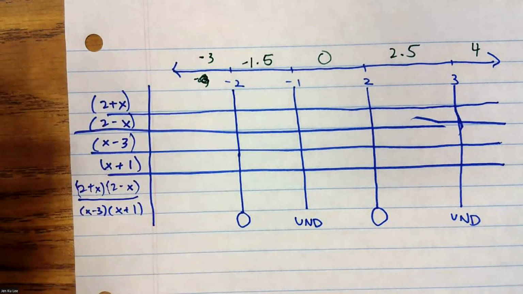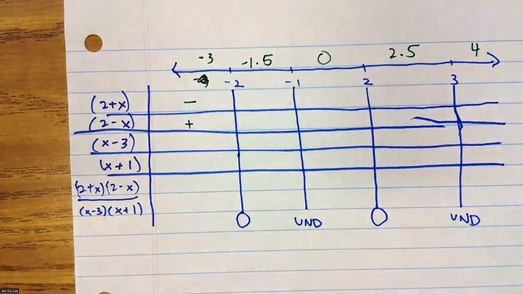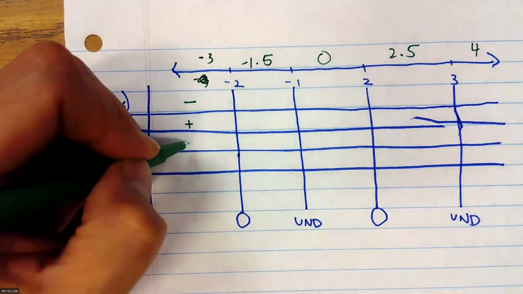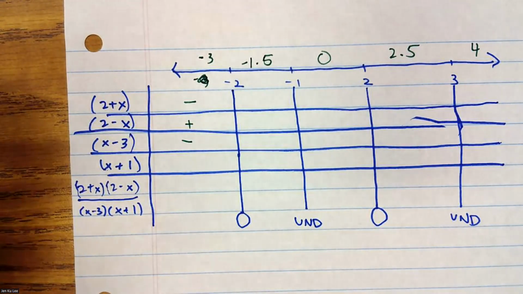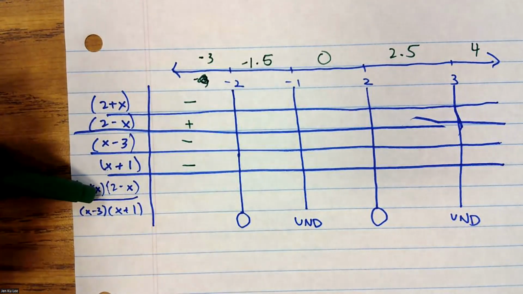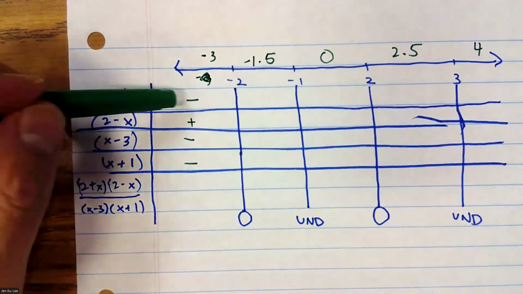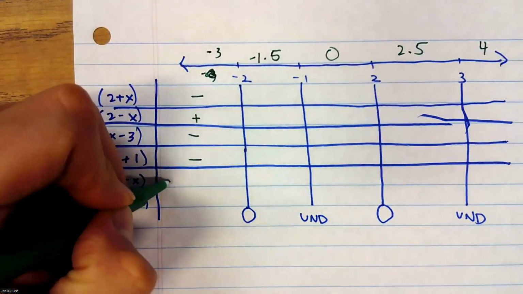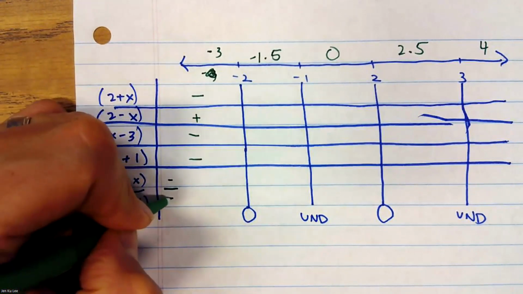2 plus negative 3, that's a negative number. 2 minus negative 3, that's a positive number. Negative 3 minus 3, that's a negative number. Negative 3 plus 1, that's a negative number, right? So these two are multiplied. So negative times a positive is a negative, over negative times a negative is a positive.